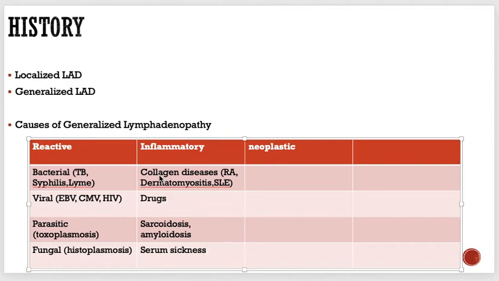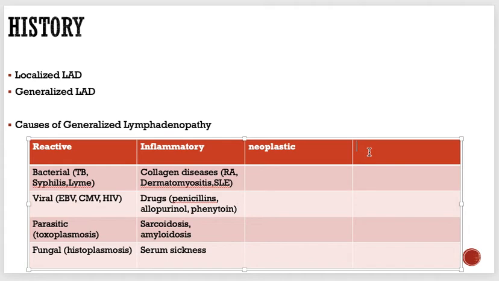Let me write a few here: penicillin, allopurinol, phenytoin. There is a big list of drugs which can give lymphadenopathy.